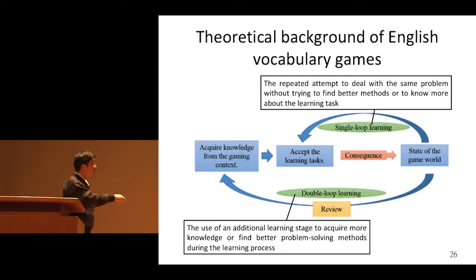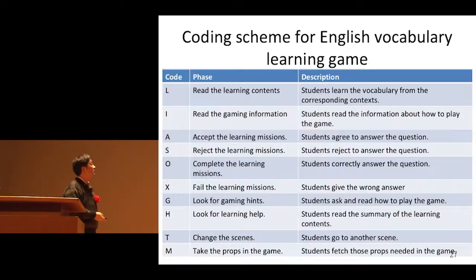So in each question and answer or problem solving step, they will try to acquire more knowledge before they make the next attempt to solve the problem or answer the question. This is a coding scheme embedded in the game.